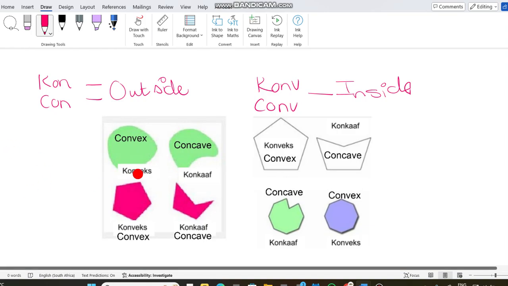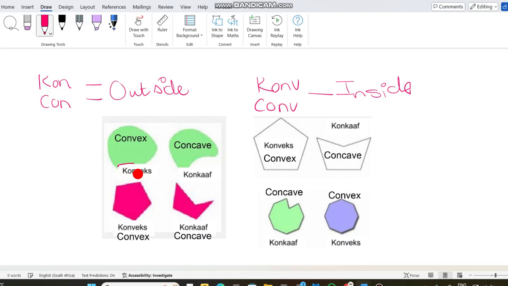So if you look at these, this is concave. Why is this concave? Because if you would like to, okay, there, it's on the outside. Just hold on a second here. All right, sorry.